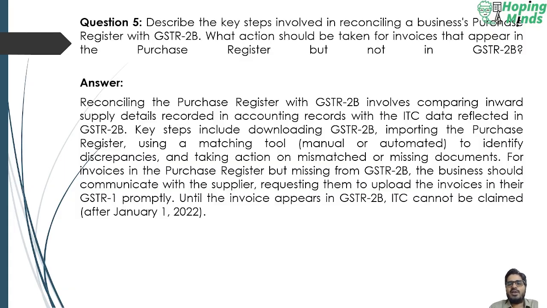If they do not pertain to us and inputs have already been claimed against such invoices, then a reversal should be made in the subsequent period's 3B with interest. If those invoices have been identified during the current month only, then it must be reversed in the current month's GSTR 3B return. No interest is required to be paid at the time of reversal. So this is the process of reconciling the purchase register with GSTR 2B.